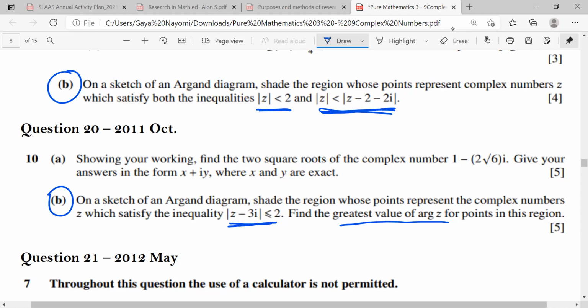And he has also shown me the Z that has the greatest argument, and that is correct too. Nethni, yes. Nice. Yes, that's correct.